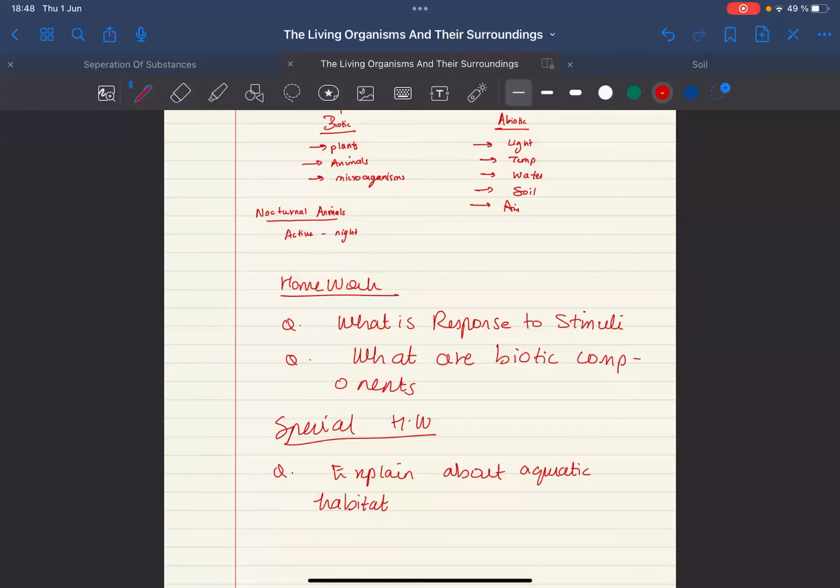Done, ma'am. Okay. And this is a 3-time dialogue. Okay. I'm done, Aishwarya. Okay.